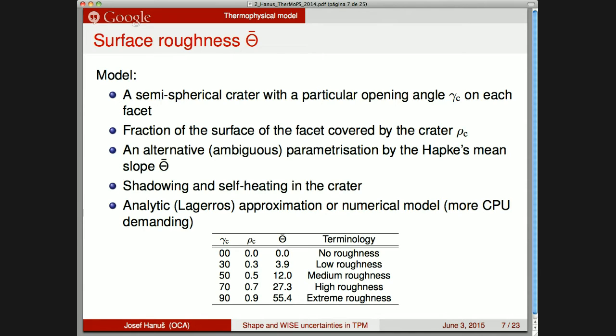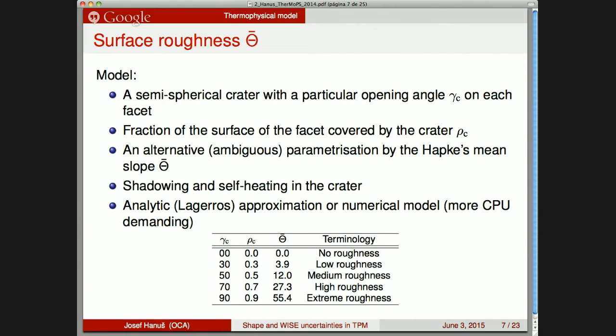And in the crater, we include shadowing and self-heating, and there are basically two ways to deal with them. We can use the analytical Lagrange approximation, which seems to be reasonable and saves a lot of computation time compared to the numerical model where we solve the heat diffusion in the crater.